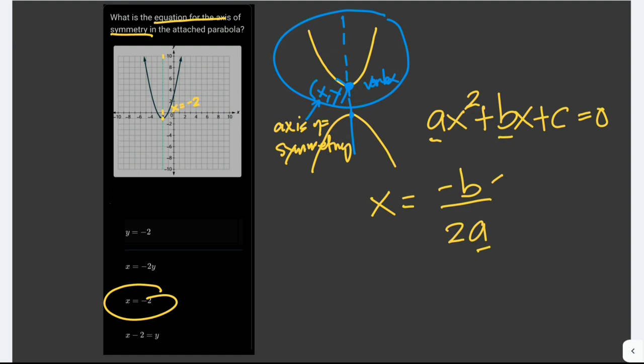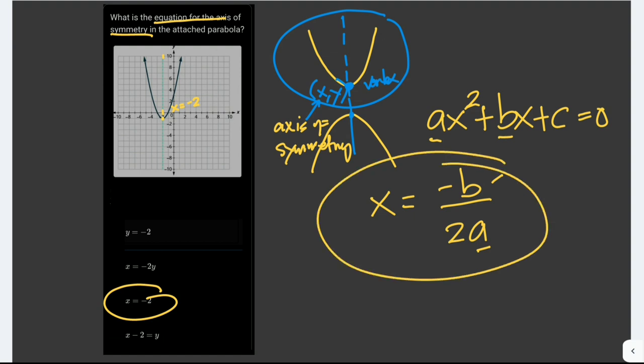Then plug in the values of b and a to this formula and you can find the value of x, or the equation for the axis of symmetry for the quadratic equation.